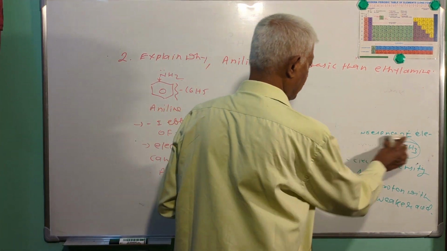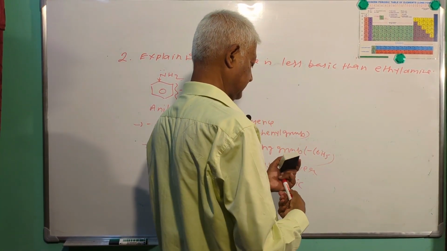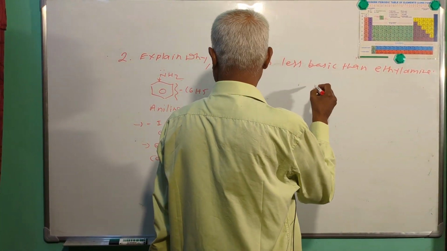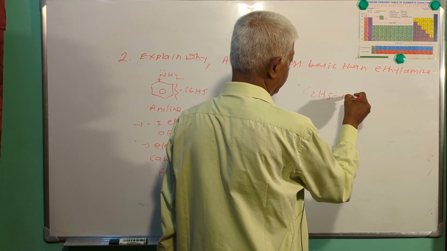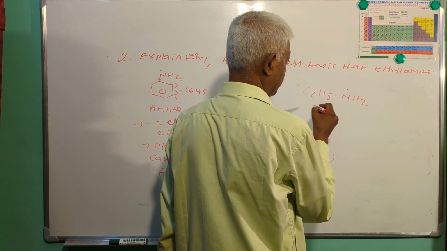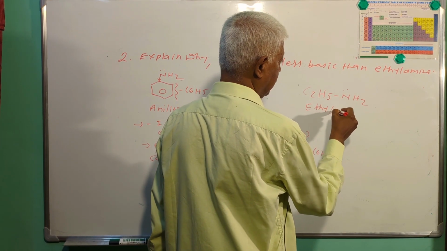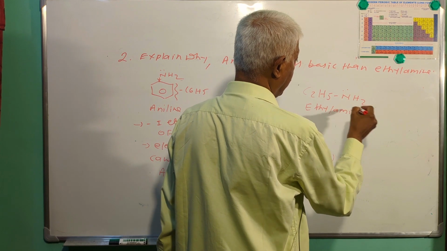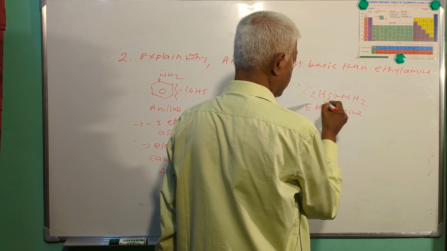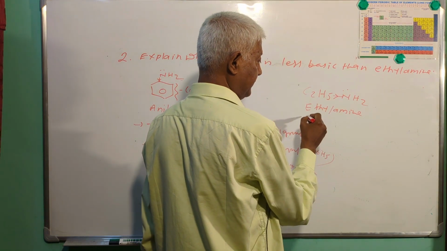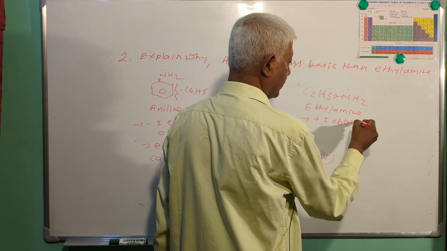When you talk about the second example, C2H5NH2, the name of this compound is ethylamine. In this case, the ethyl group shows a positive inductive effect.